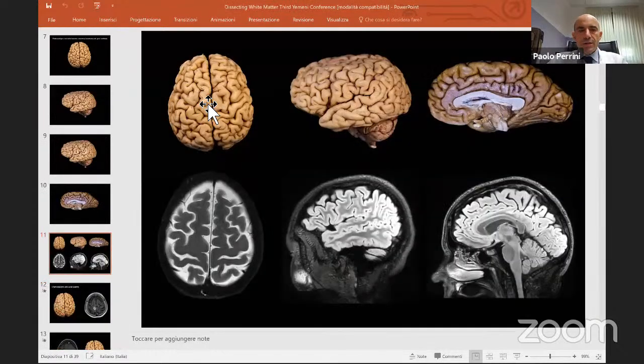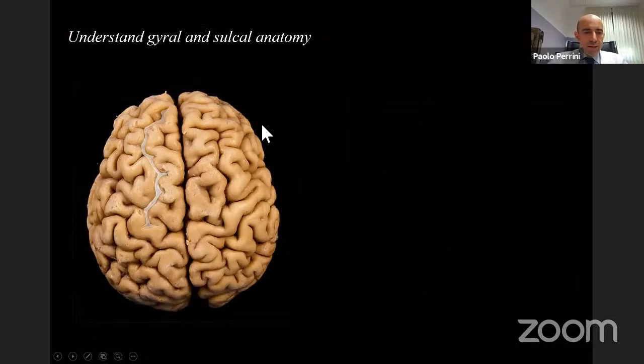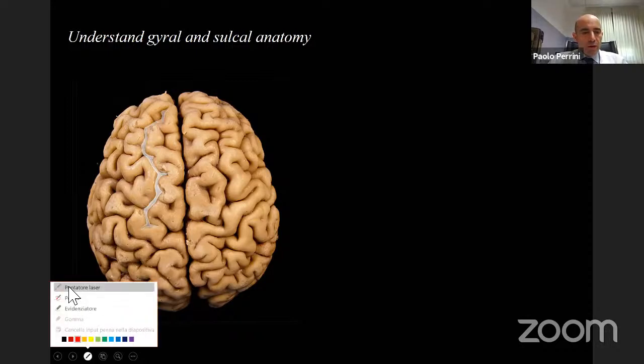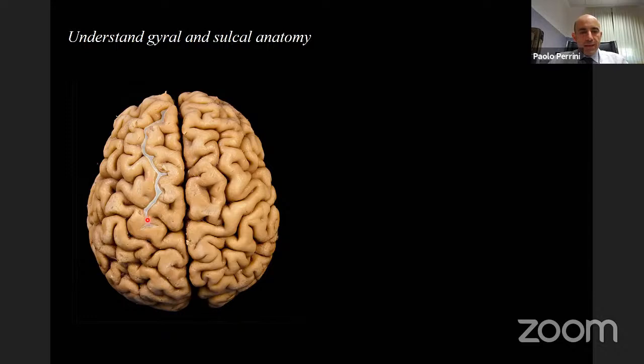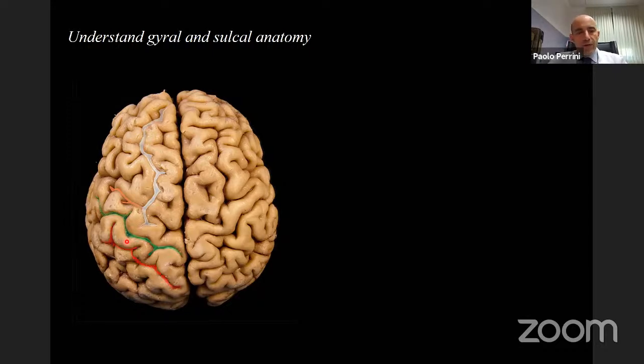This concept can be seen not only in the specimen, but also in the MRI. We can find all these things in a preoperative MRI. Why are these concepts important? Because we can always identify the superior frontal sulcus, which always intersects the precentral sulcus, and behind the precentral sulcus we identify the precentral gyrus, and behind the precentral gyrus we find the postcentral sulcus, and behind that the postcentral gyrus.